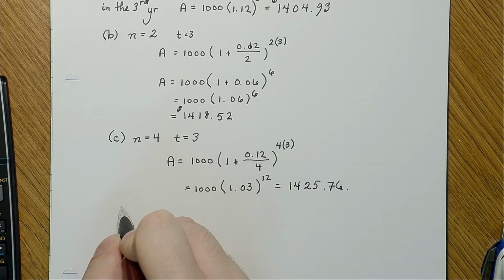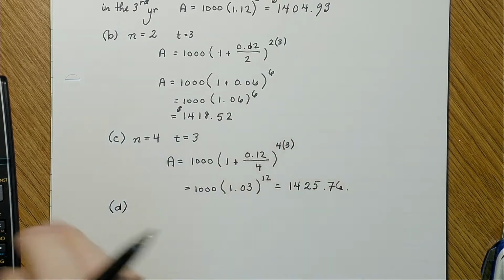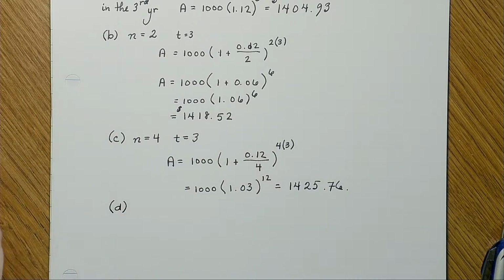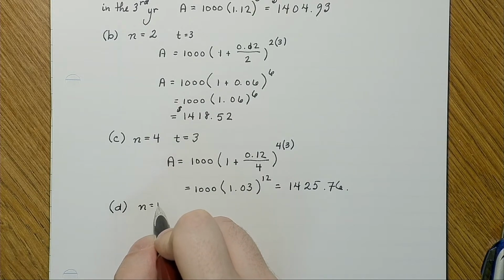So you can do the same thing again for monthly. n would be equal to 12.